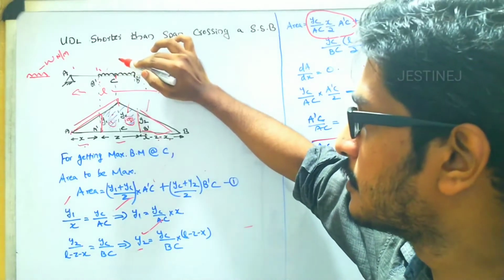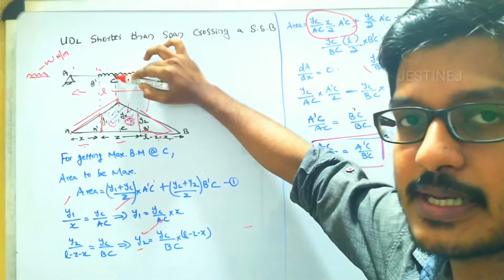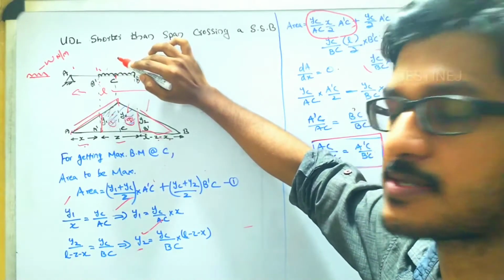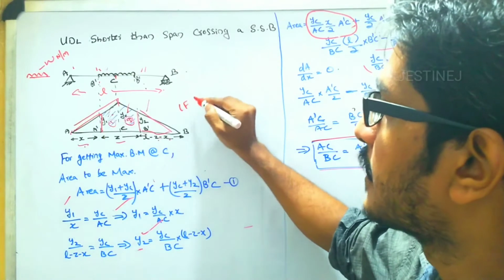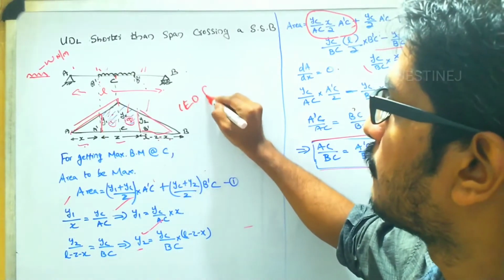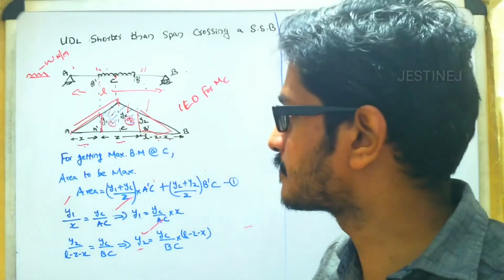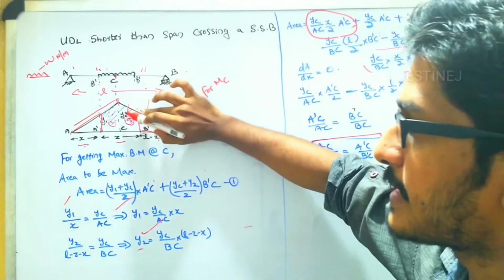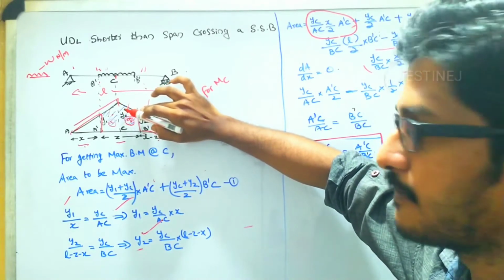So if the point is C and let us assume 1 kilonewton is traveling, we can draw an influence line diagram for bending moment in this format, isn't it? The maximum ordinate, let us assume YC.